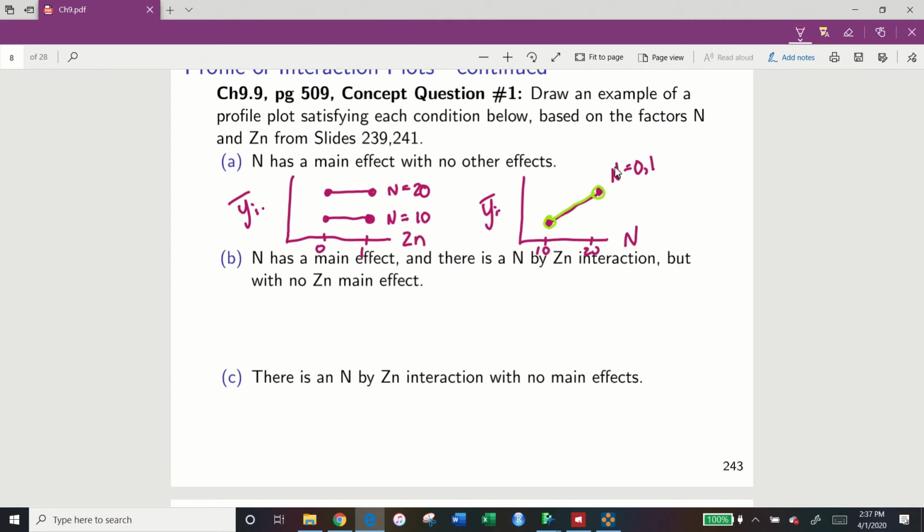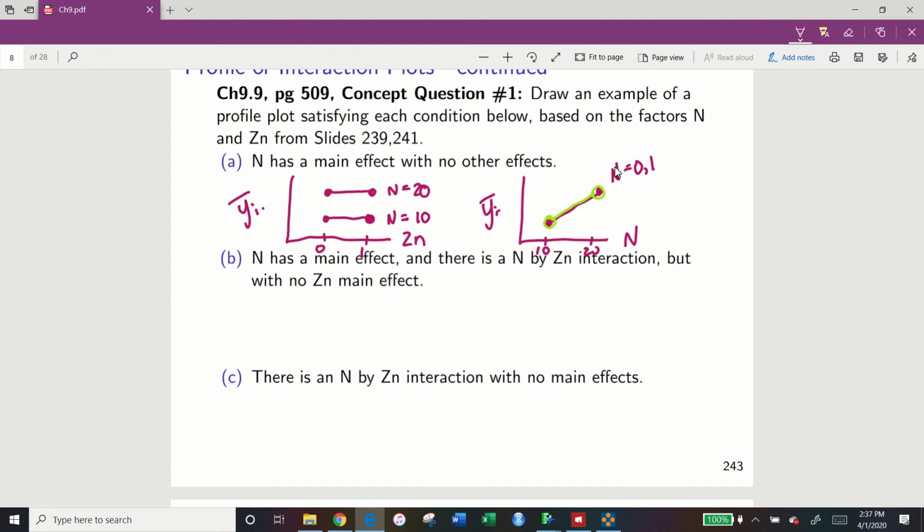For part B, we are asked to show that nitrogen has a main effect, which we've already shown above, but there is also a nitrogen by zinc interaction, with no zinc main effect. Let's think for a second what this means.